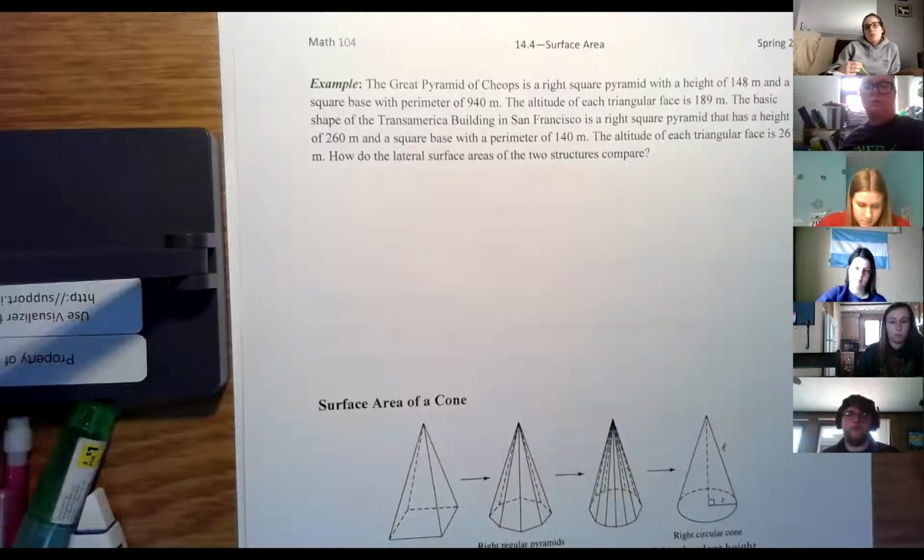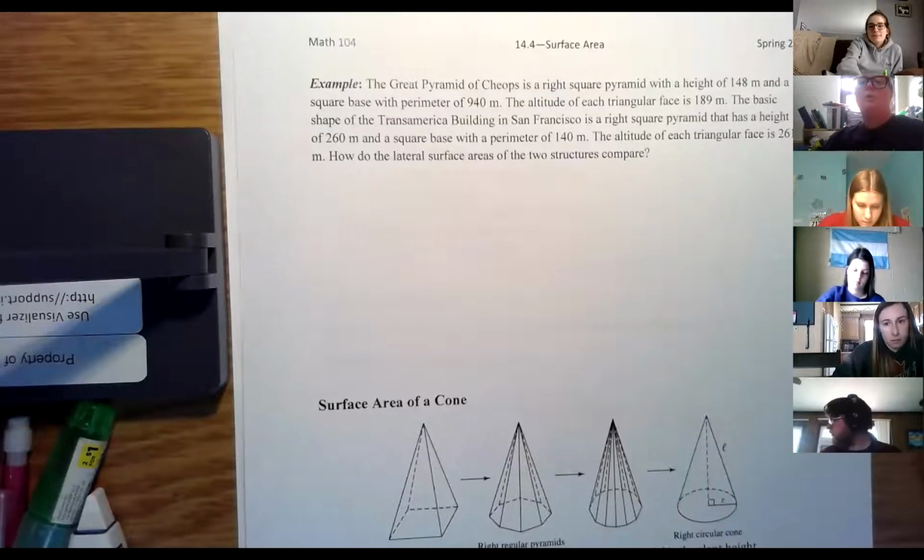The altitude of each triangular face is 189 meters. The basic shape of the Transamerica building is a right square pyramid that has a height of 260 meters and a square base with a perimeter of 140. The altitude of each triangular face is 261. Compare the lateral surface areas of the two. How do they compare?